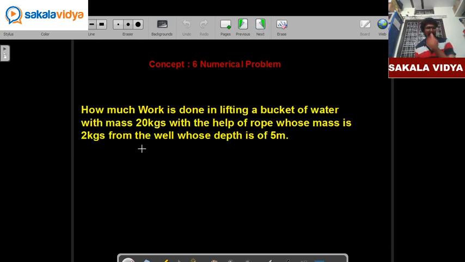How much work is done in lifting a bucket of water of mass 20 kg with the help of a rope whose mass is 2 kg? So here the mass of the rope is also considered, from a well whose depth is 5 meters.